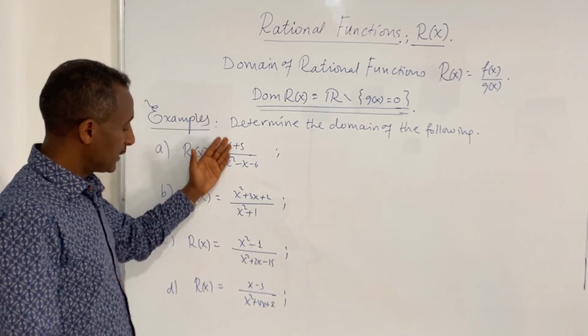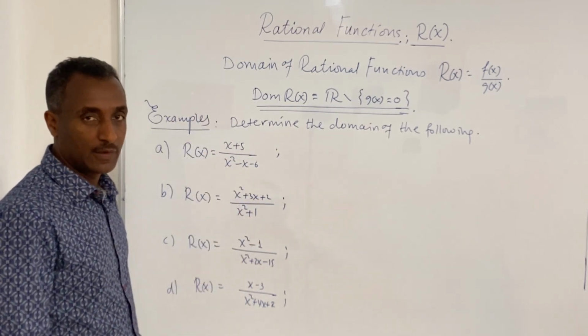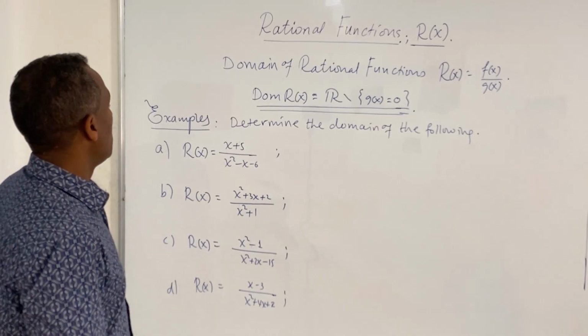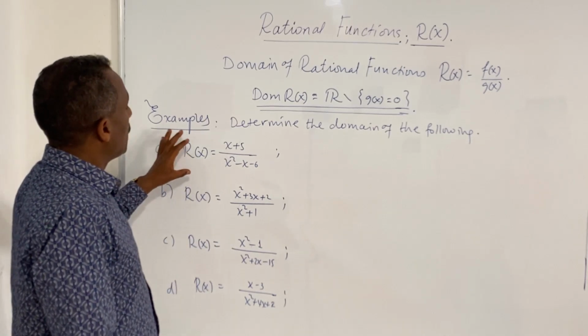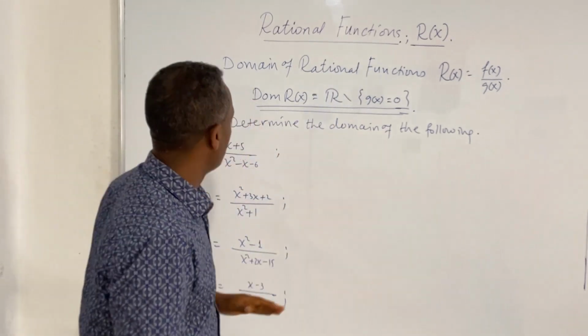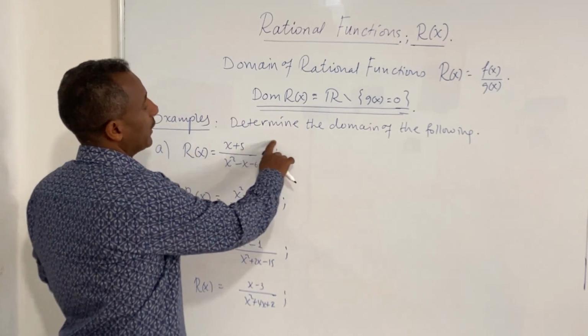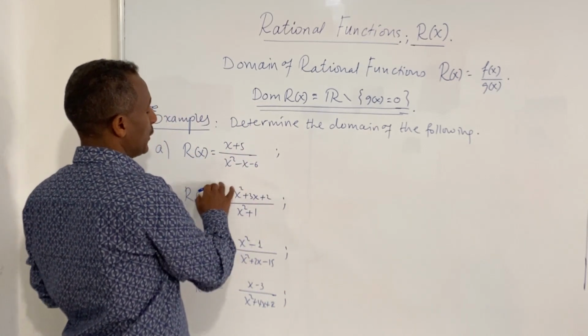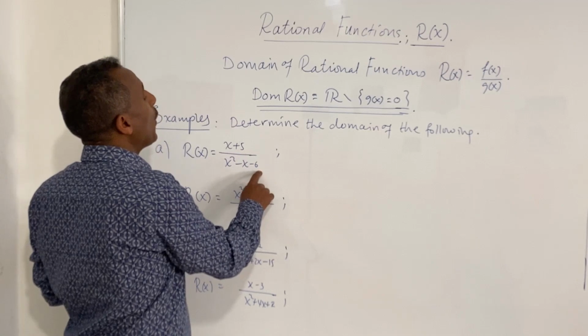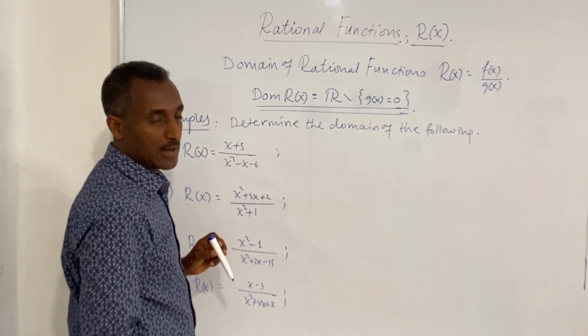All are ratios of two polynomial functions. We know that the domain of a polynomial function is the set of all real numbers. So the domain of this top term is all real numbers, and the domain of this one is also all real numbers. But what will be the domain of the ratio of these two functions is our question.